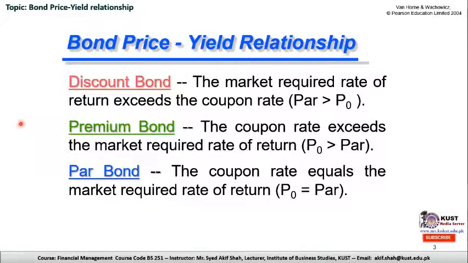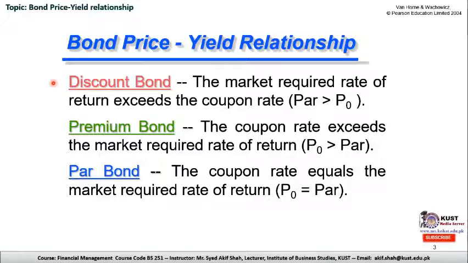Before explaining the nexus between the bond price and yield, we need to understand certain phenomena. What is a bond? A bond is a contractual obligation between two parties that requires the issuer of the bond to give a particular fixed interest rate to the holder or purchaser of the bond.